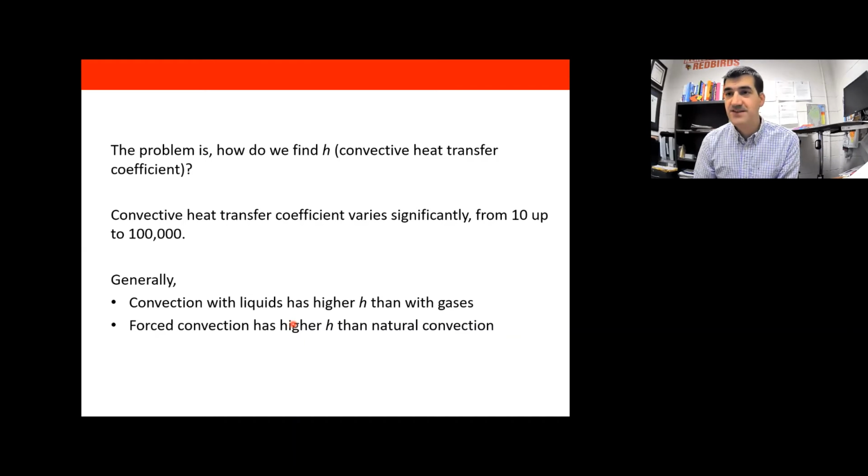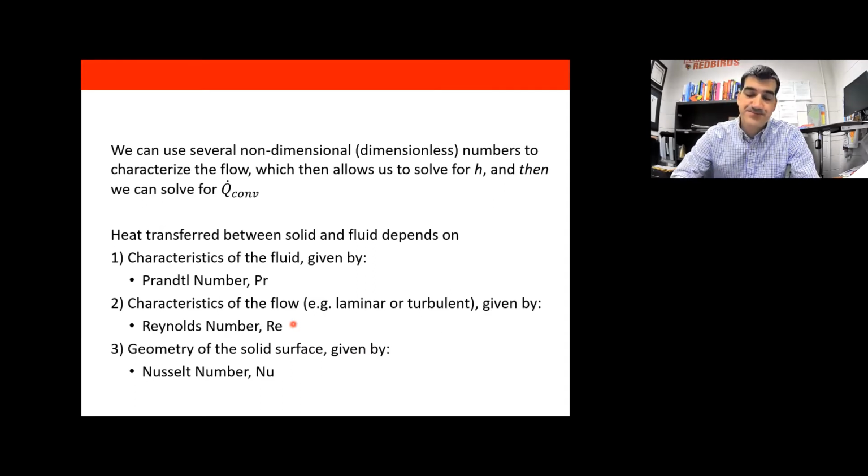And also, you can say that forced convection, where we're pumping or blowing the fluid over the solid, is going to result in a higher convection heat transfer coefficient as well compared to natural convection. Both of those are fairly intuitive, I think, but that doesn't really help us to solve for what is the value of H so that we can find out what is our rate of heat transfer.